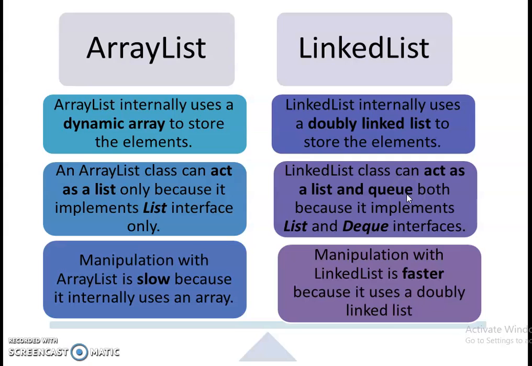We can add elements at the first position or at the last position, or we can also remove elements from the first or last position. So it can function like a queue. And when we talk about ArrayList, manipulation is slow because it internally uses an array. And when we talk about LinkedList, manipulation is faster because it uses a doubly linked list, right? So these are the differences between the two.